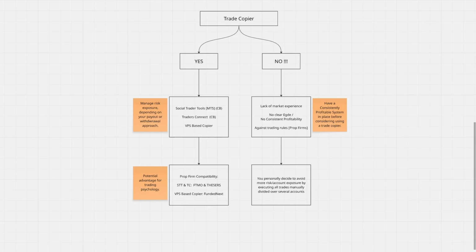I will create a separate video on the subject of prop firms soon. But for now, I will just tell you guys that FTMO and The Fivers, when it comes to Forex and CFD trading, are the most established, most reliable prop firms you can work with.